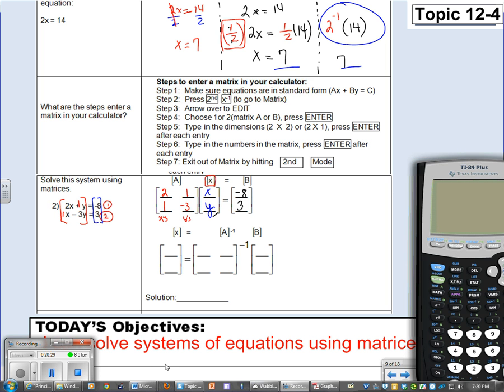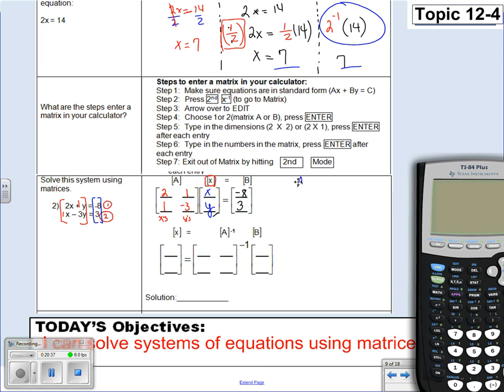Notice we are trying to get our matrix X by itself. So we can think of this as, I have some number represented by A, and then I have my X, which is my unknown, and then it is equal to my B. If I follow what I did earlier, instead of dividing or multiplying, to get my X by itself, we are going to say A raised to the -1, which is also known as the inverse, and then we're going to multiply that times B. So this little equation here is what we're going to use.